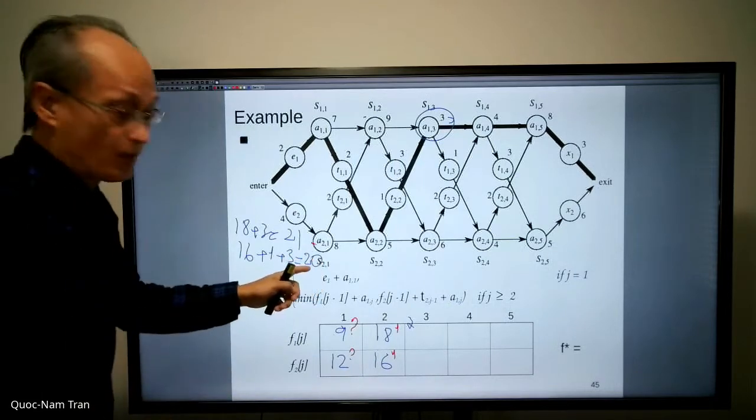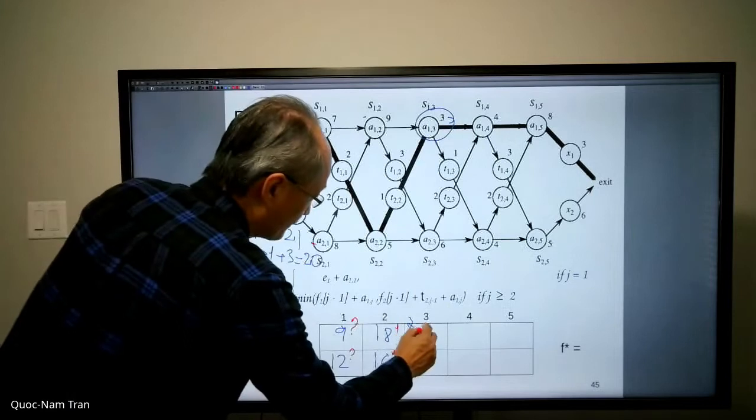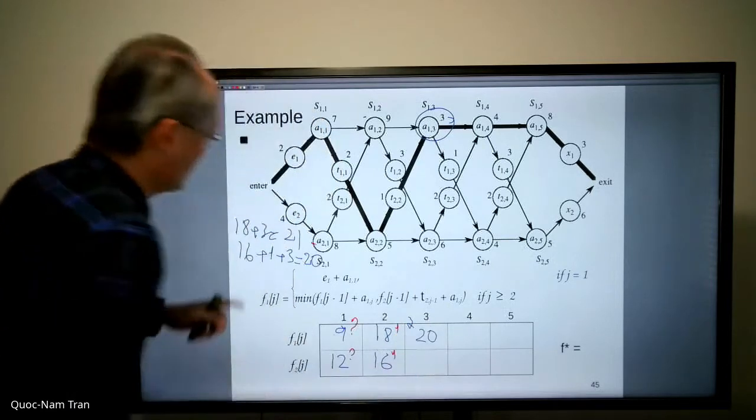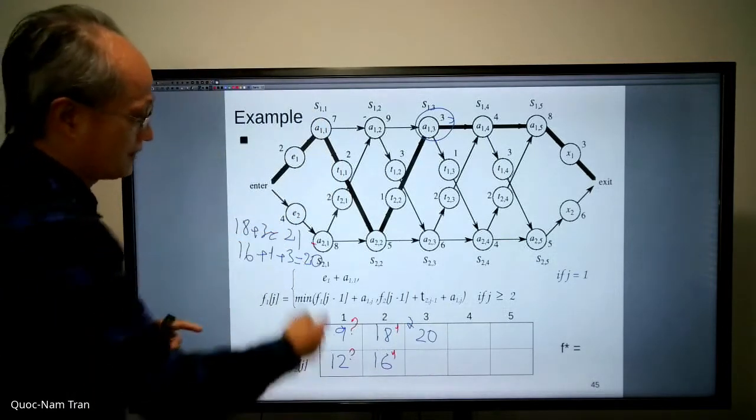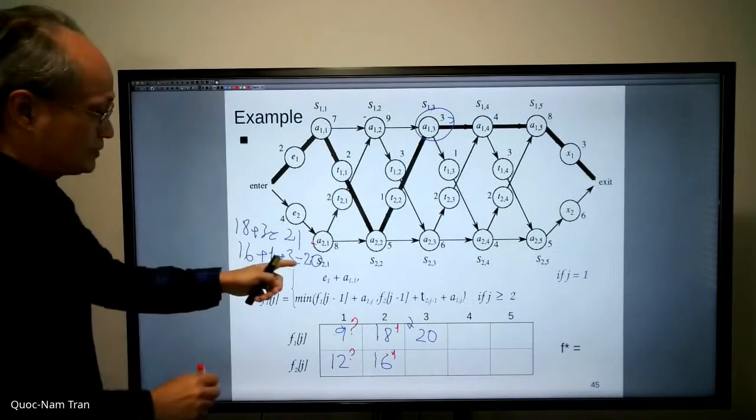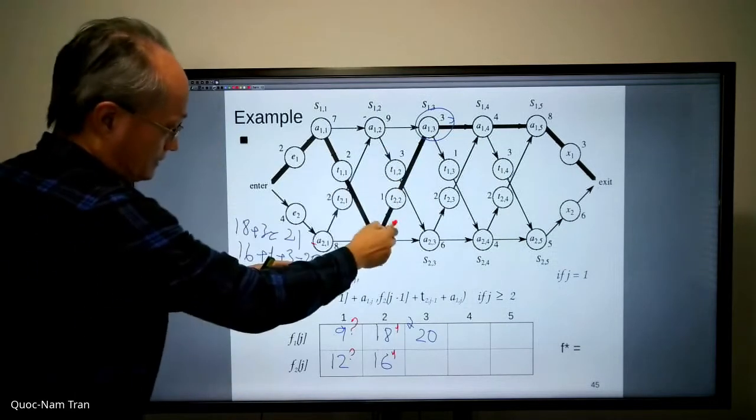So 20 is smaller, so we write it here, 20, okay? And that is from line 2, right? Because it's from line 2.